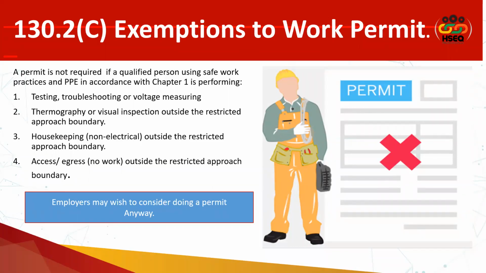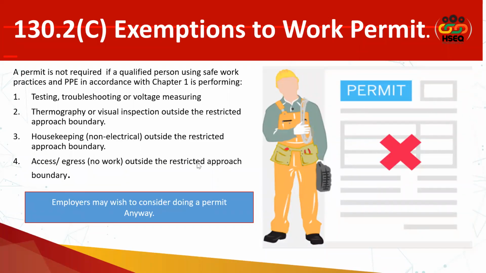So don't confuse this with the concept, if in the exam they try to test your knowledge, that the energized electrical work permit is exempted because the hazard is not there, or the risks associated with that hazard are so low. No, this is not the case.